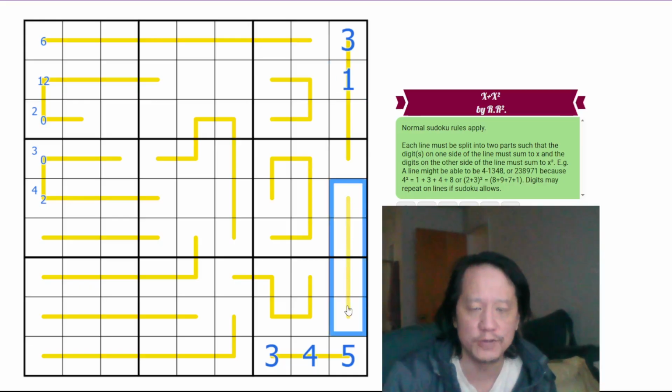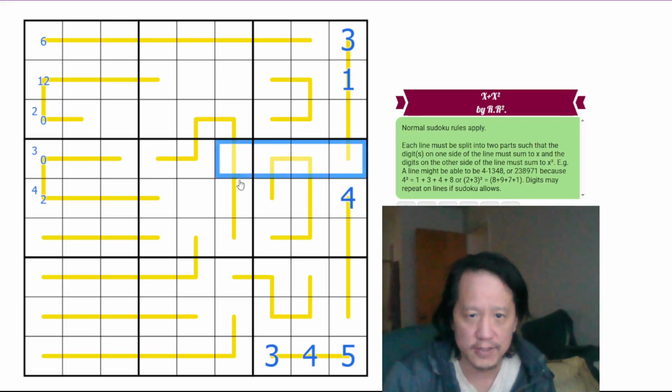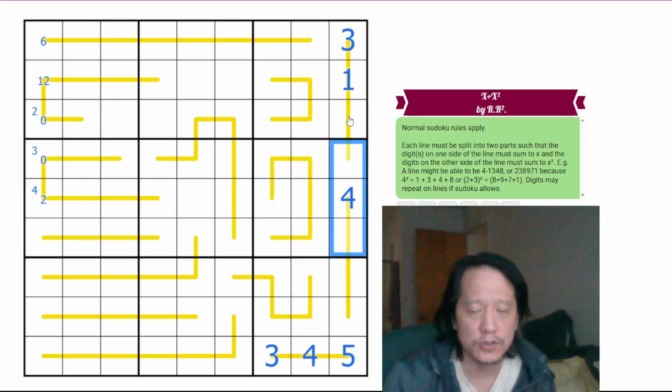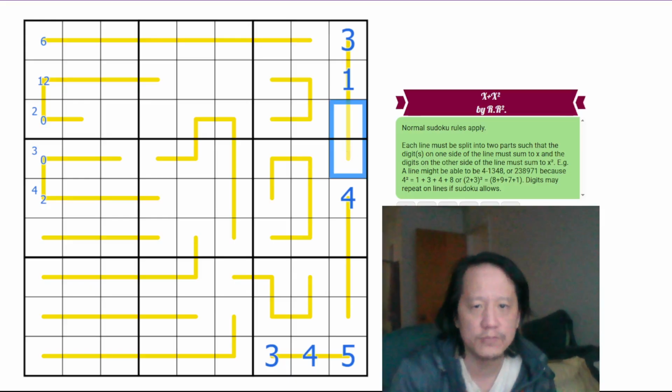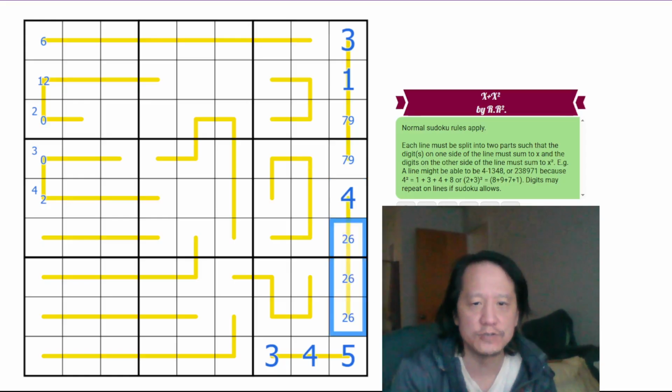And we need a 4 on this line. It cannot be here, so 4 has to be here. Again, this adds up to 30 here. This must be 15. So this is 4 here, and these 2 digits add up to 16. So it must be 7 and 9. And this is 4 here, and this must add up to 16, which is 2, 6, and 8.